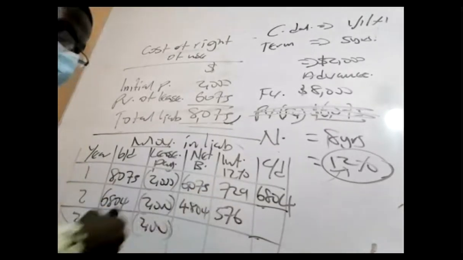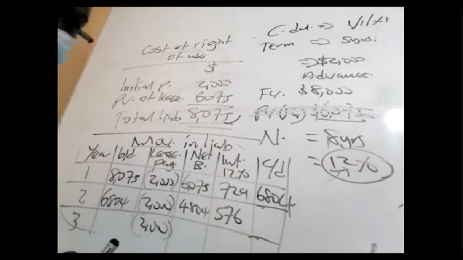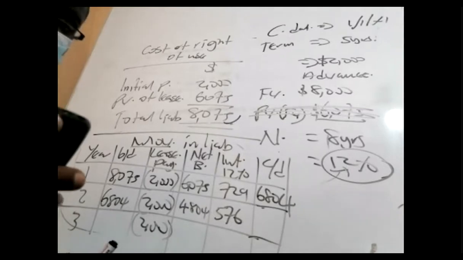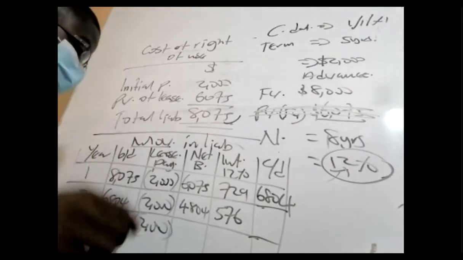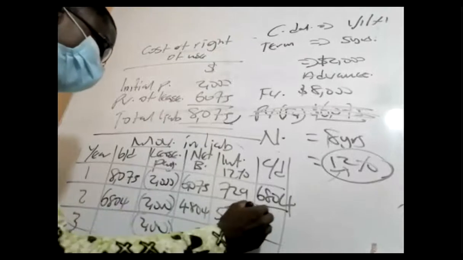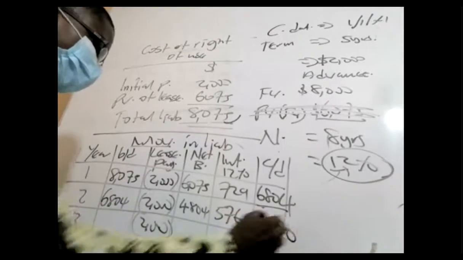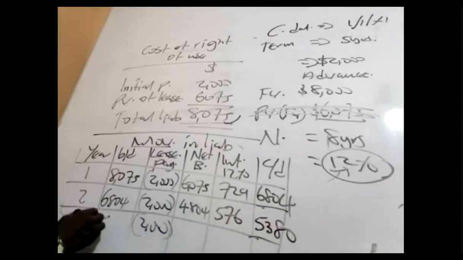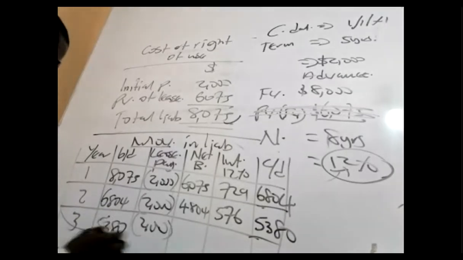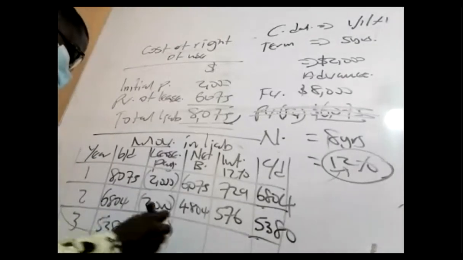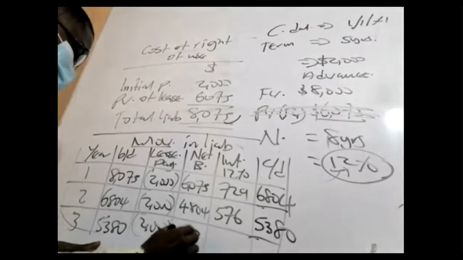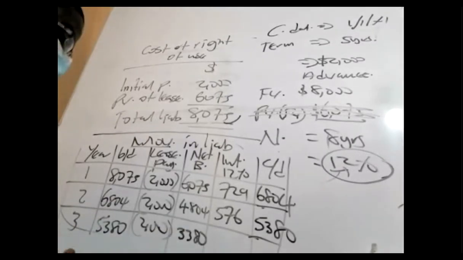Add back, plus 4,804, you get 5,380. You push it here at 5,380. You take off 2,000 from it, left with 3,380. Okay, I'll probably end here.